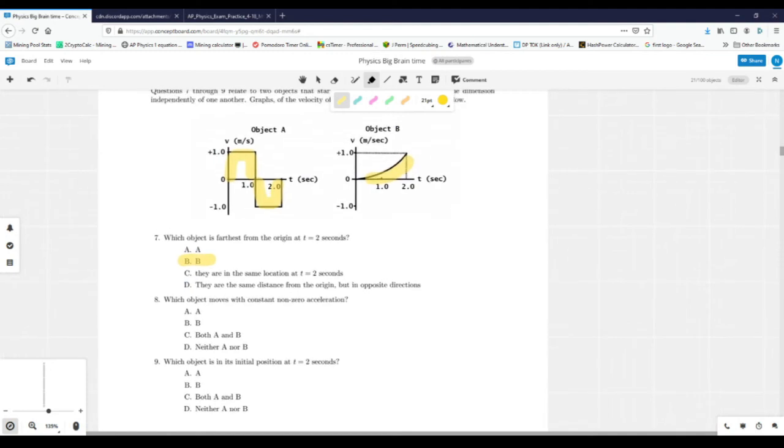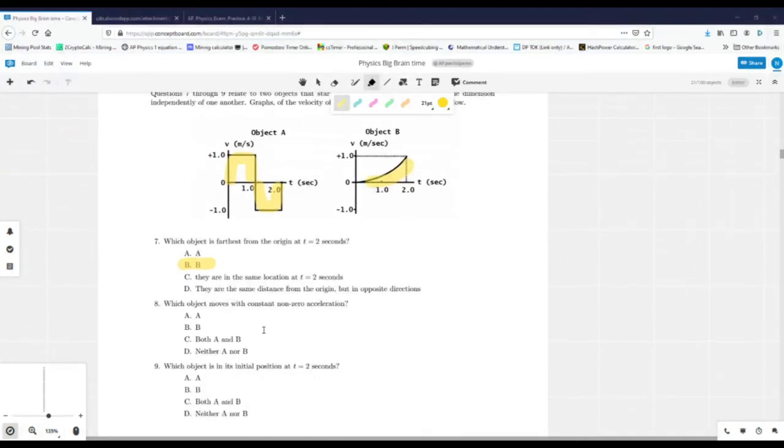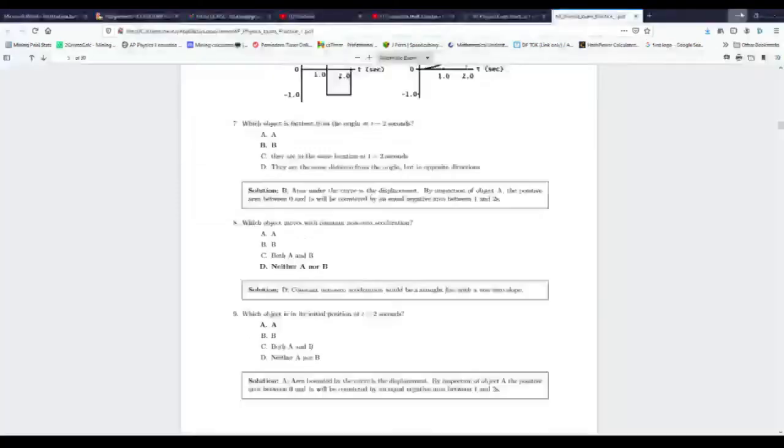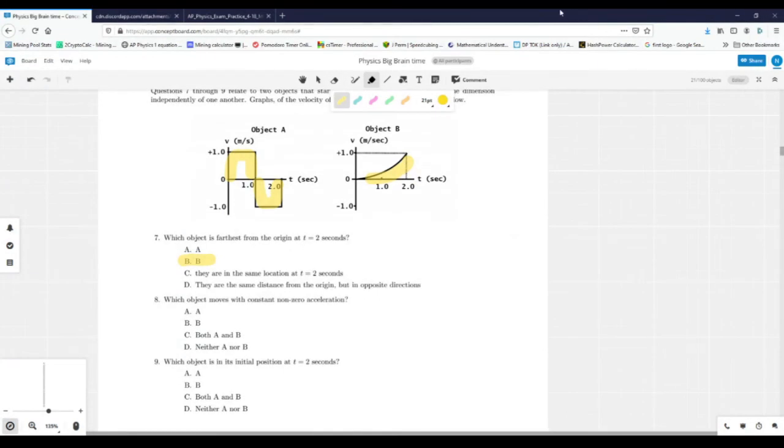Okay. So we're on 8. Sorry, I'm just scrolling my answer key to make sure I don't screw it up. Which object moves with a constant non-zero acceleration? What would a constant non-zero acceleration look like? What part of a velocity-time graph is the acceleration? It's obviously not the area under the graph, because that's displacement.